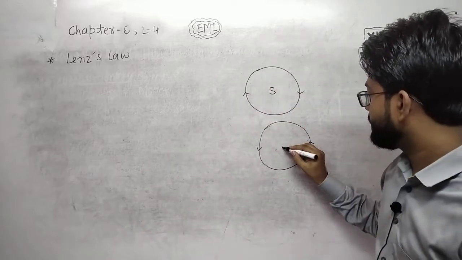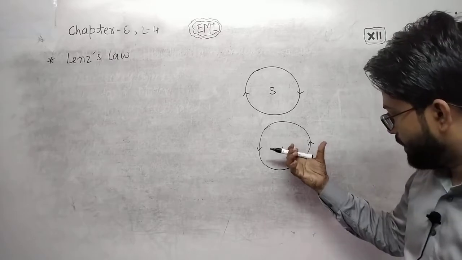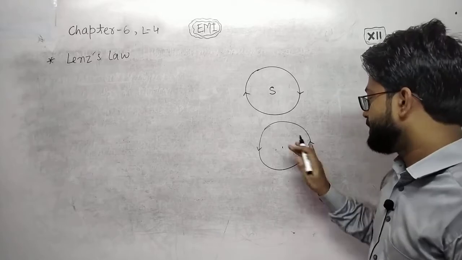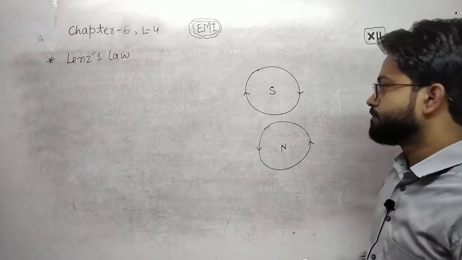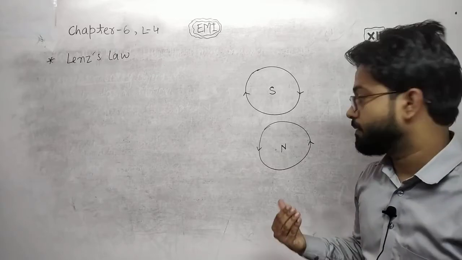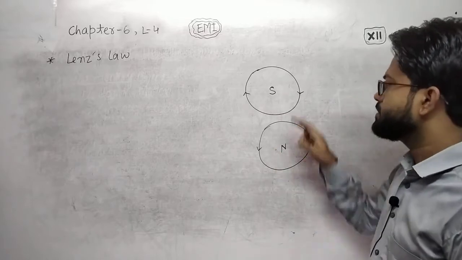And here the magnetic field is outside, which means the field is starting from that point. That means it will behave like a north pole, because from the north pole the magnetic field originates. This is very easy.